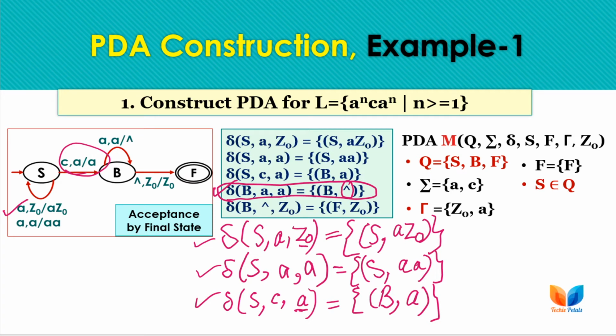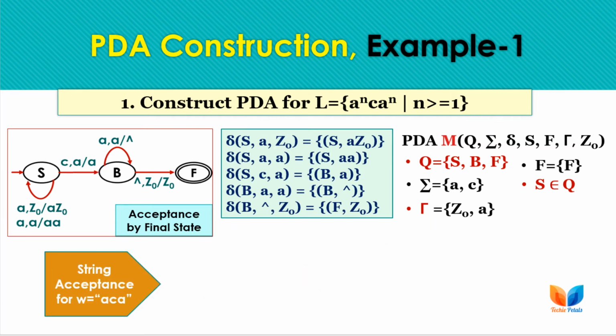The final transition from B: if the input is null and the stack top is Z0, we move to the final state and replace Z0 by Z0. So these are the transitions for this particular language. You have to define all transitions and all the tuples in the exam for the given PDA language.